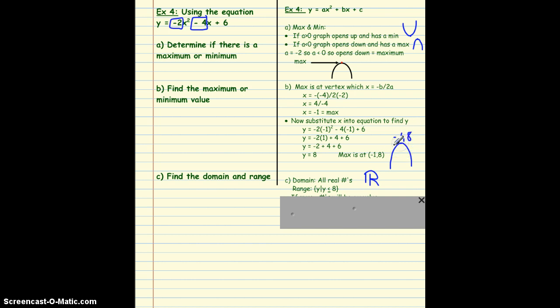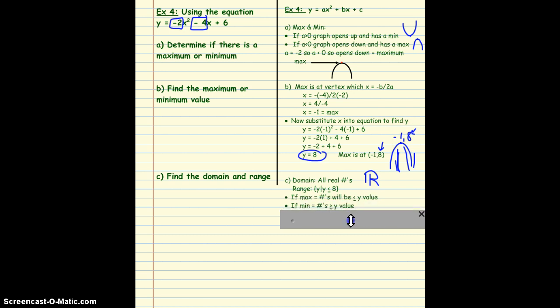This means that our y values are going to be less than everything up here. So it's going to be less than this y value, which is 8. So our range is going to be the set of all real numbers y, such that y is less than or equal to 8. And it's always going to be less than or equal to this number at our vertex.